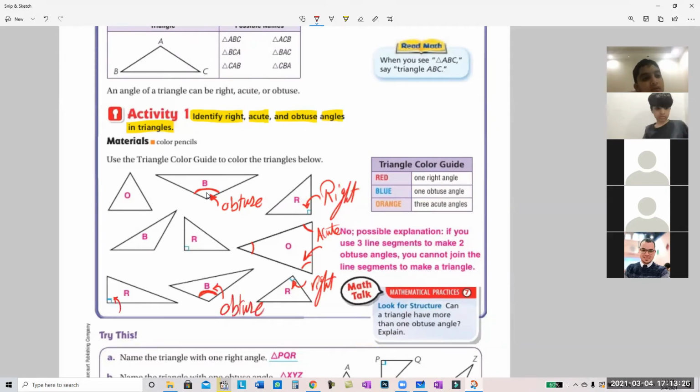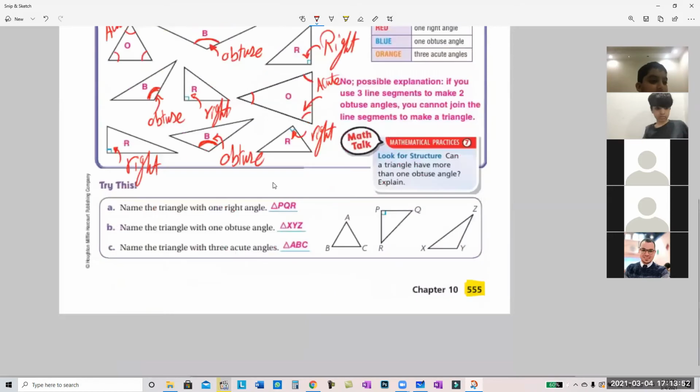And this a square corner angle, so it will be right, and this will be obtuse, and this will be right angle, so it will be right triangle as well, and this all angles are acute, so it will be acute triangle. So it's so easy to identify the type of triangle.